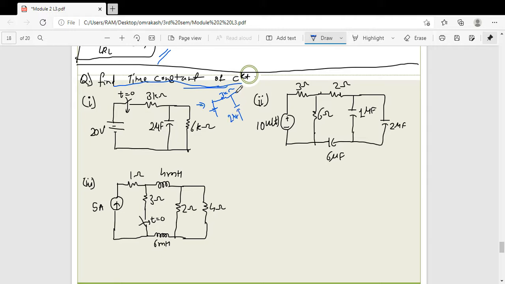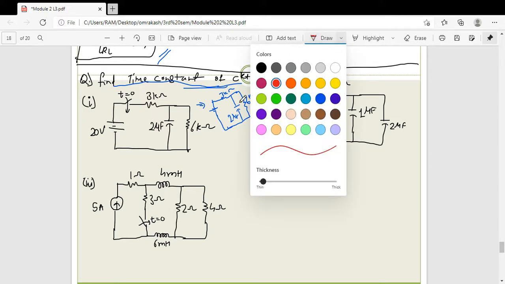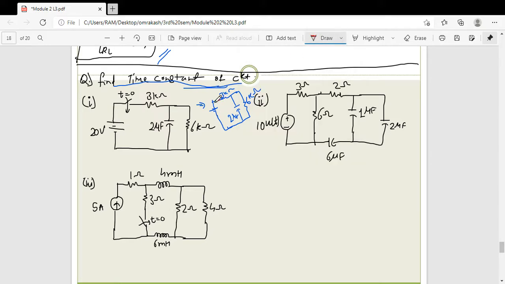Now see here, I'm mainly dealing with the time constant, that's why I'm neglecting the remaining conditions. When I talk about the time constant, you have to remove all the active sources, right?